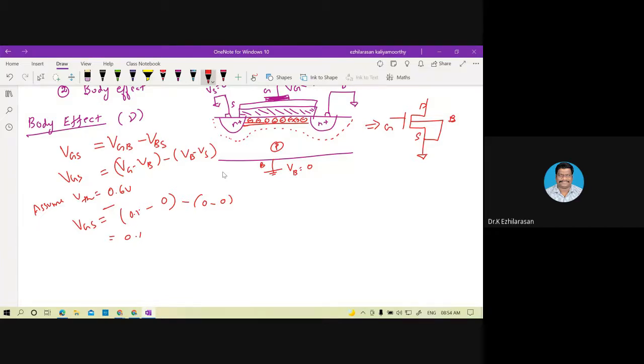But if I put a more negative value, say the bulk voltage is less than 0 volt, what is the meaning of that?